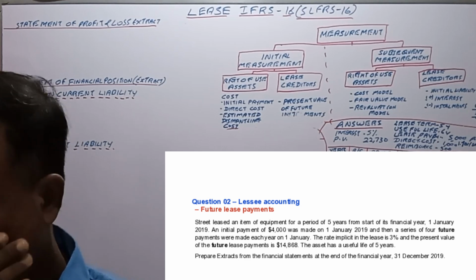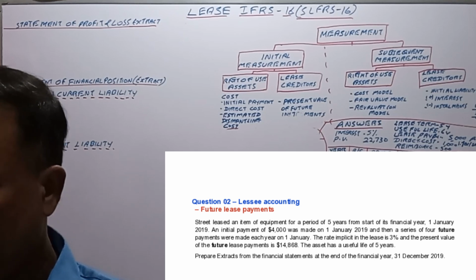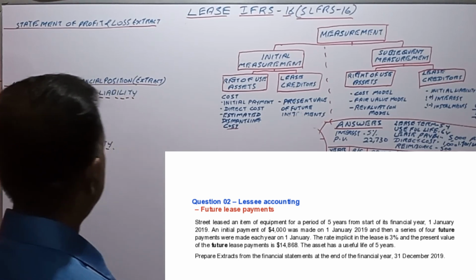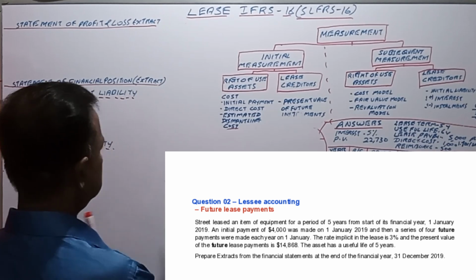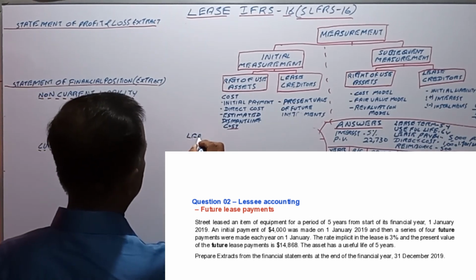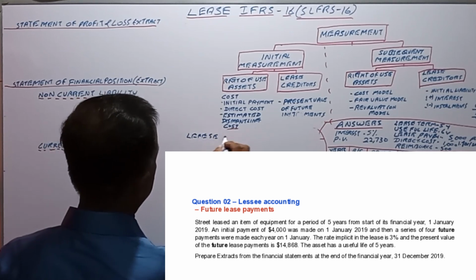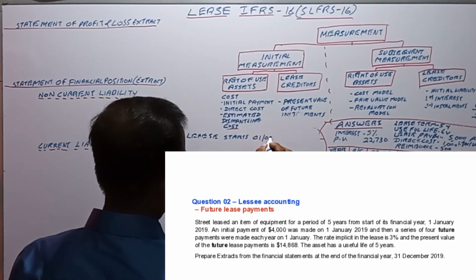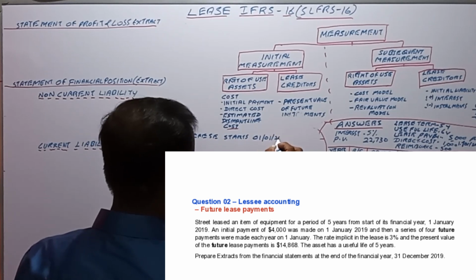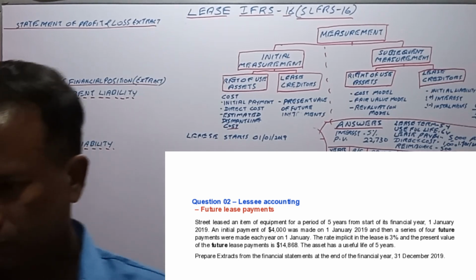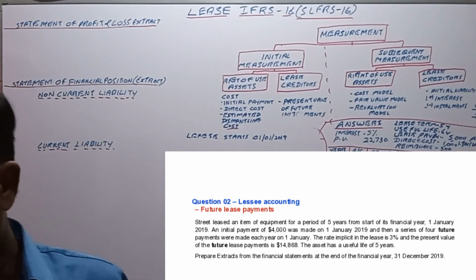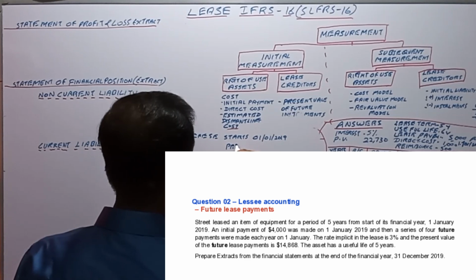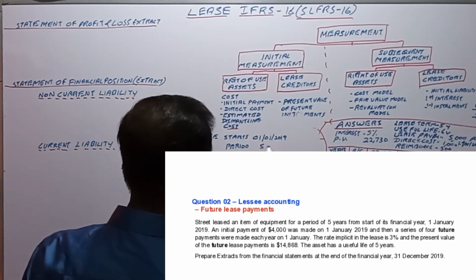Street leased an item of equipment from 1st January 2019. An initial payment of 4,000 was made on 1st January 2019. The lease starts on 1st January 2019, and the lease period is 5 years.